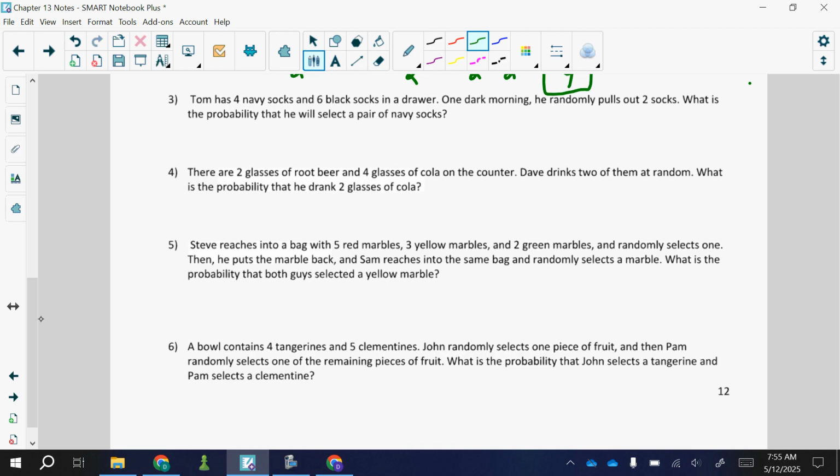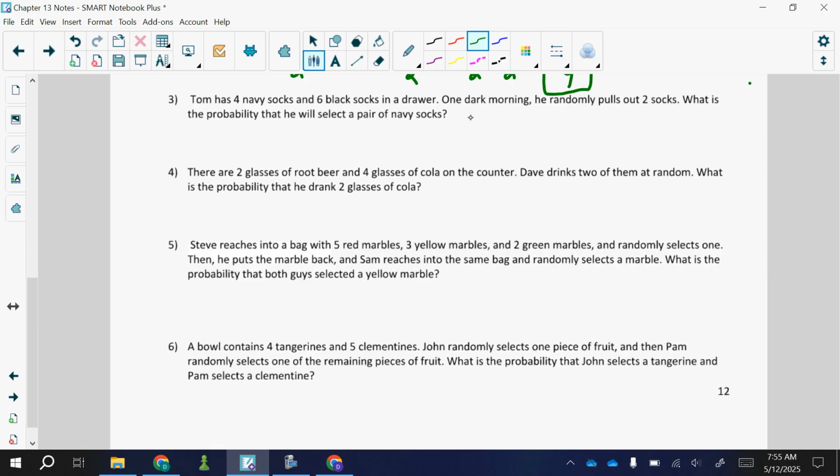Let's do another example. Tom has 4 navy socks and 6 black socks in the drawer. One dark morning, he randomly pulls out 2 socks. What is the probability he will select a pair of navy socks?